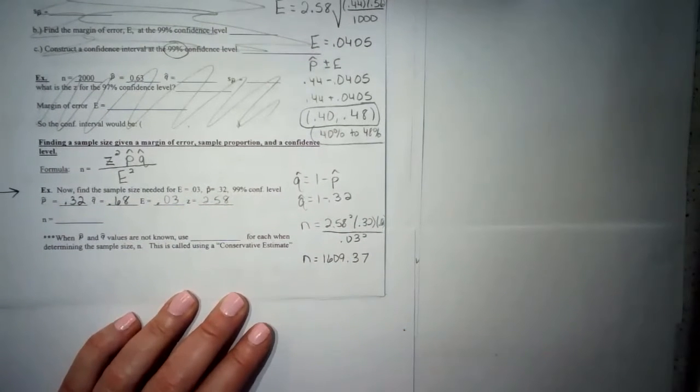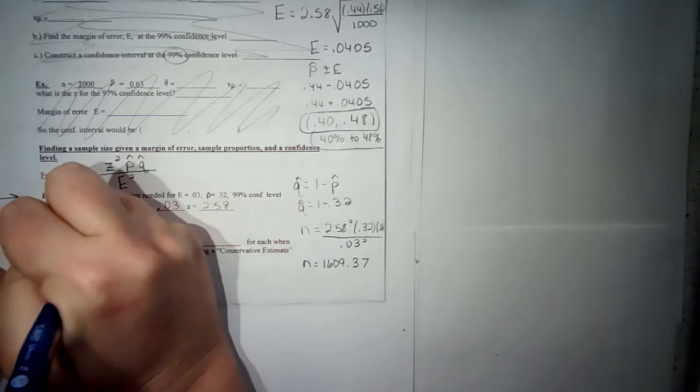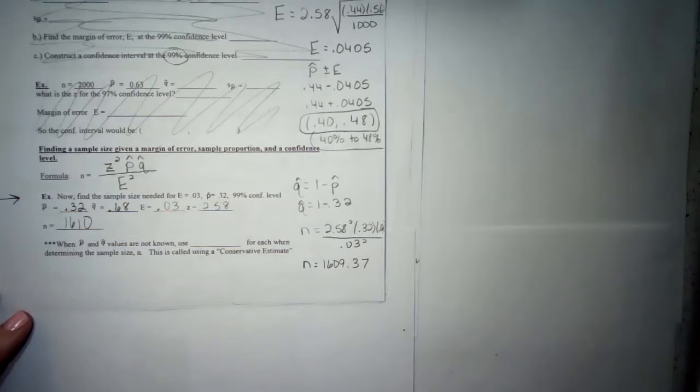Okay, good. Now remember, when you're finding sample size in statistics, you always round up. So I'm not going to put 1609, I'm going to put 1610, and that's going to be my answer because you always round up with sample size only. All right, everybody okay with that?